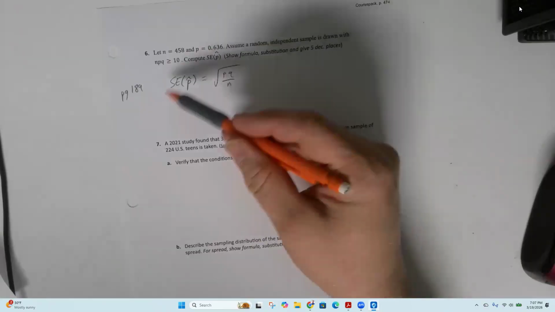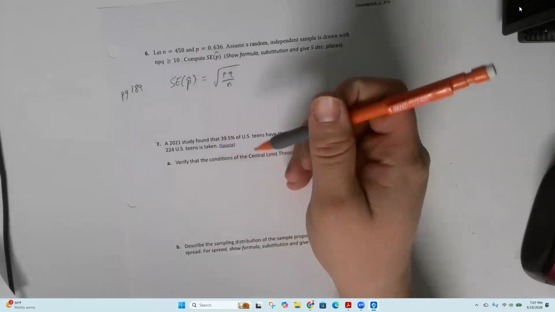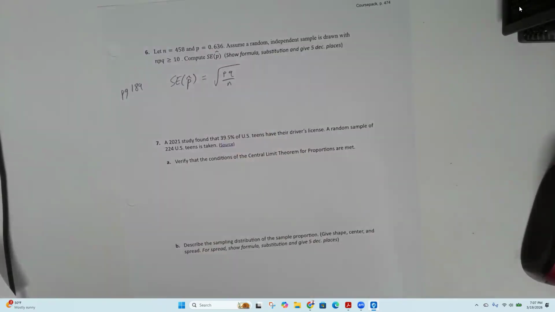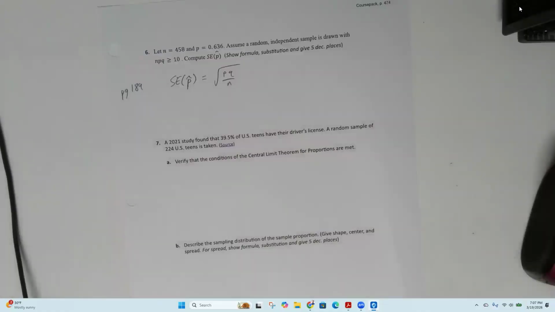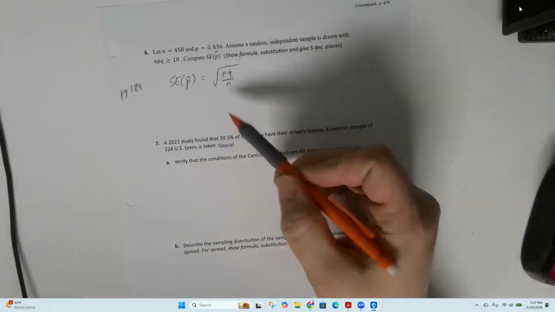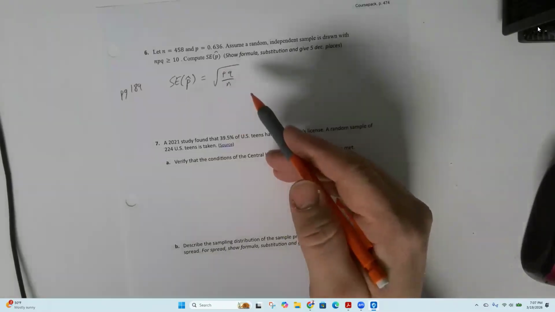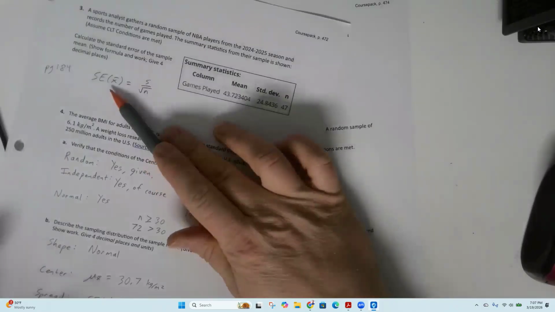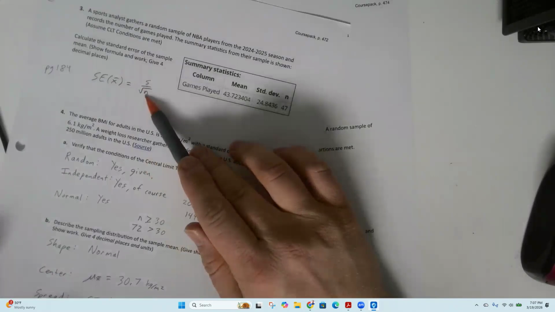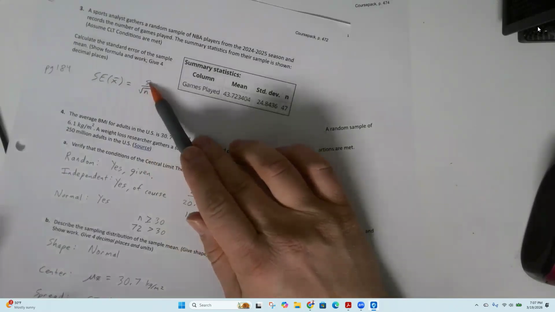So this is another formula that is not on your exam notes packet. Another one that you're probably going to want to write down on your 8.5 by 11 piece of paper. Now this formula, by the way, is actually the same formula as the standard error of x bar, standard deviation over square root of n, because the standard deviation of the proportion is square root of p times q.